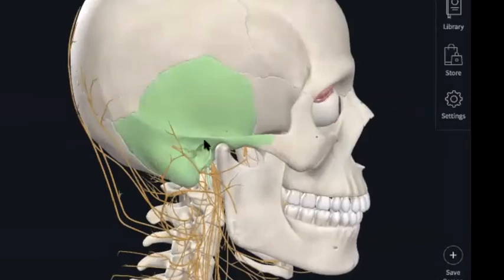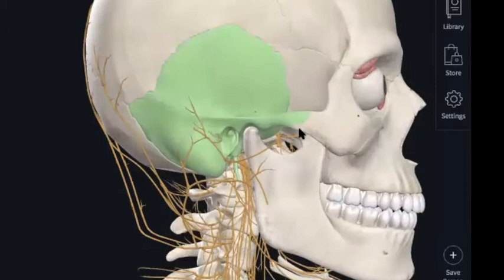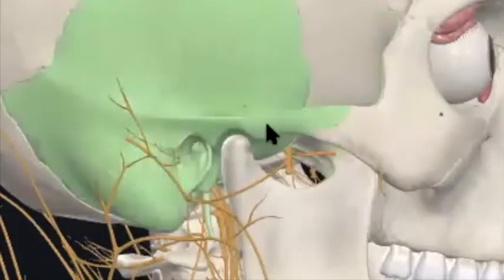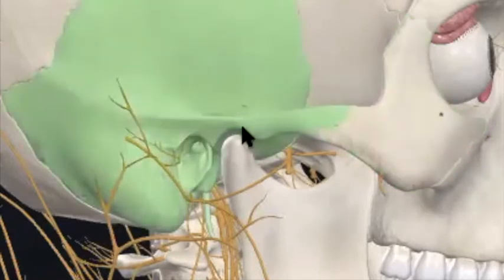We also have a couple of complicated structures just from a lateral view right over here for your temporal bone. And you have this outcropping right here of the temporal bone where it joins up with your zygomatic bone. So this part right here, this process is called the zygomatic process because it joins up with the zygomatic bone.